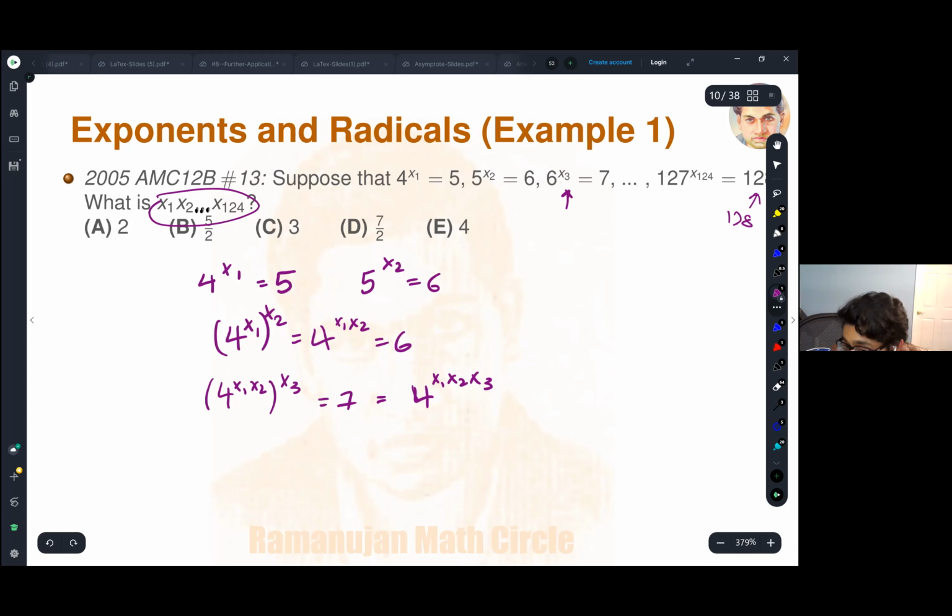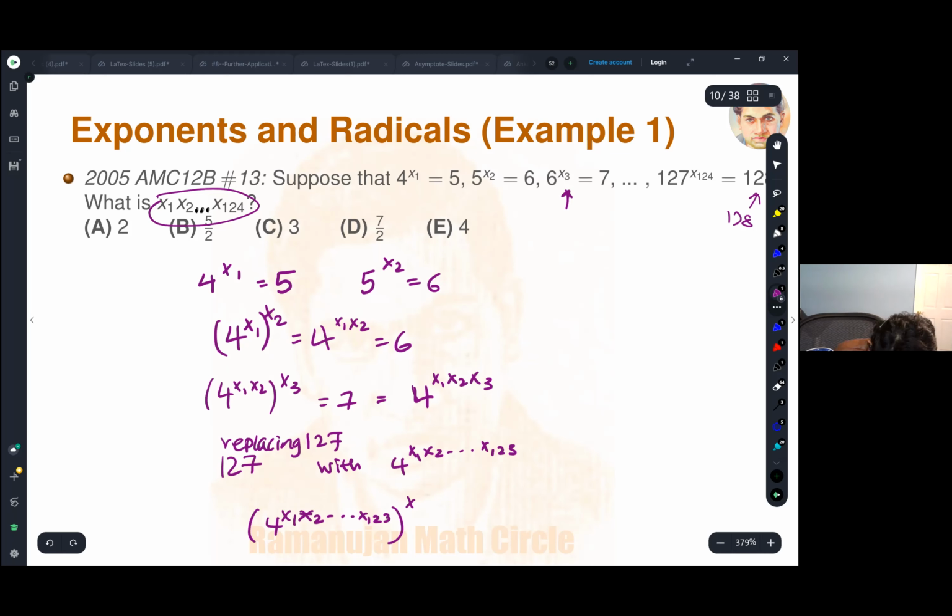So we can continue this pattern, without any flaws, because it seems to be working pretty well. And it should work. So if we keep doing this, when we replace 127 with 4 to the x1, x2, so on until x123, we get that 4 to the x1, x2, so on until x123 to the power x124 is equal to 128.